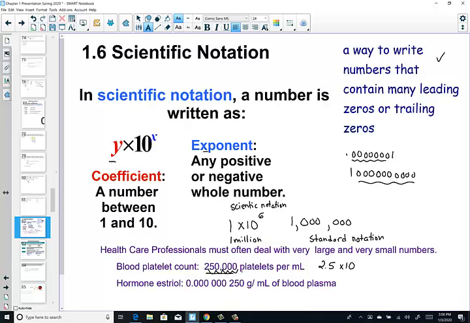How many places did we move to the left? We moved 1, 2, 3, 4, 5 places to place that decimal there. So that very large number can be written as 2.5 times 10 to the 5th.